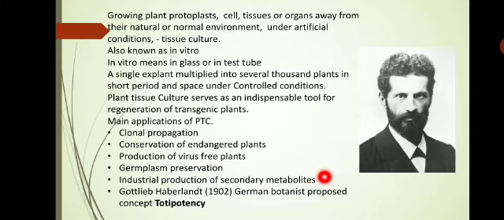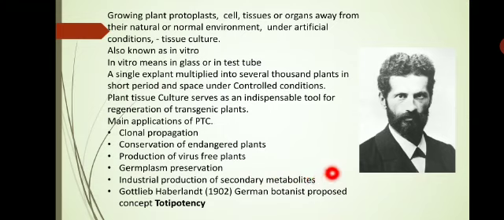With their help, we can produce a number of products, for example alkaloids, flavonoids, phenols and some recombinant proteins. These all come under secondary metabolites that can be produced with the help of tissue culture.